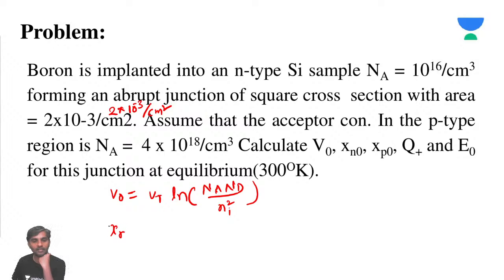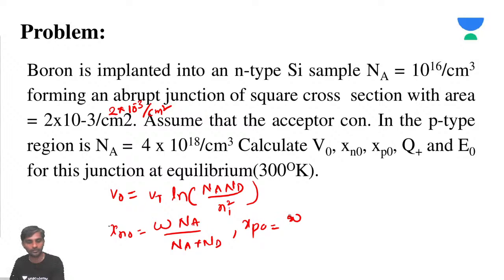After that you calculate xn naught. Xn naught is equal to W into Na by Na plus Nd, and it is asking xp naught. Xp naught is equal to W into Nd by Na plus Nd.